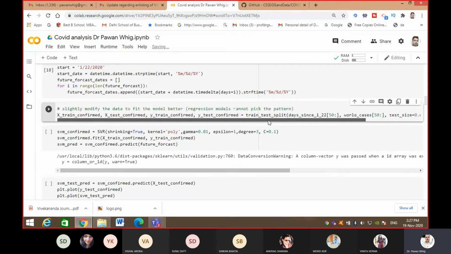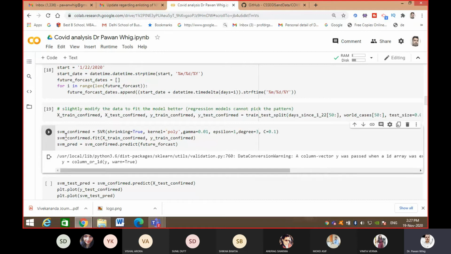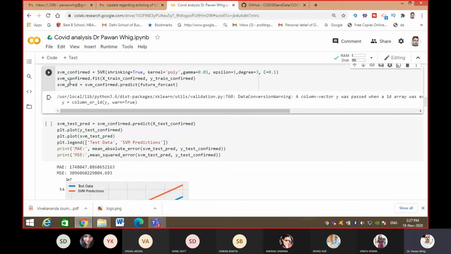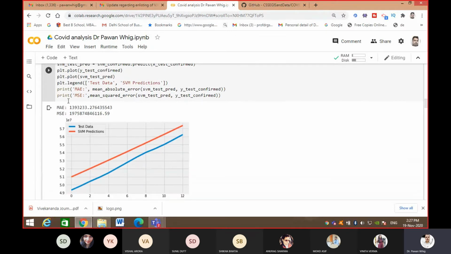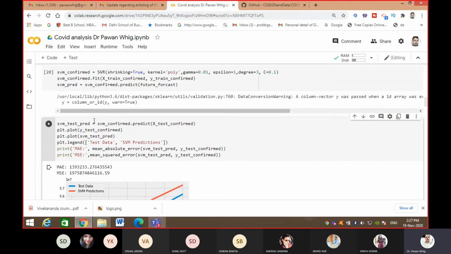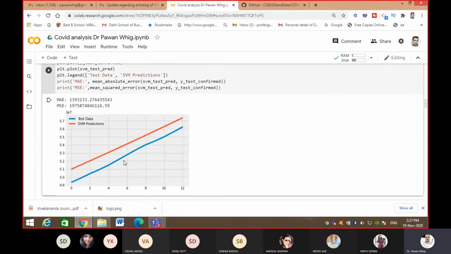So first of all we apply SVM, support vector machine, as you all know. Once you run that, we fit the data with SVM, and when you want to predict its MAE and MSE, you can have this. MAE is mean absolute error and MSE is mean squared error. Regarding this SVM, you will have these kinds of values, and this is the graph.